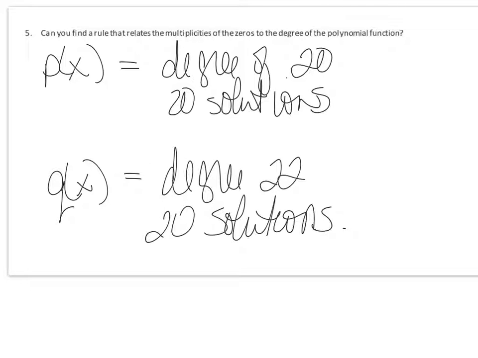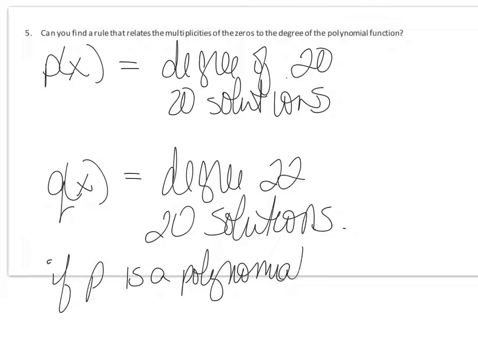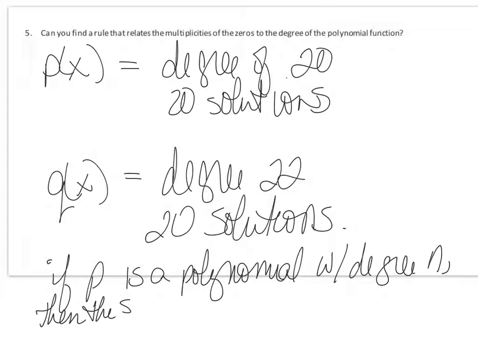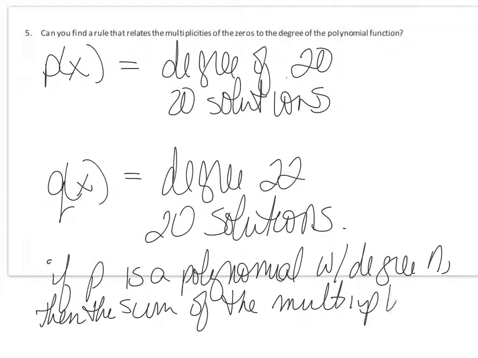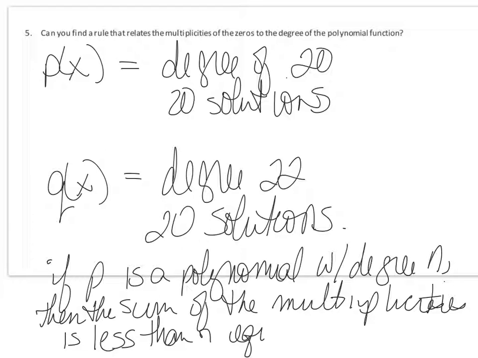That's my example. So if P is a polynomial with degree n, then the sum of all of the multiplicities of the zeros is less than or equal to n.